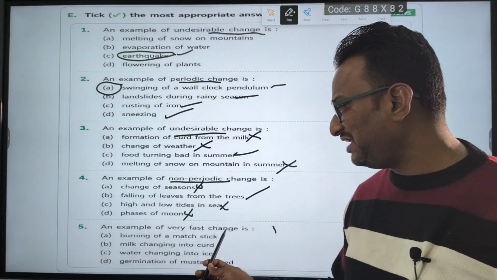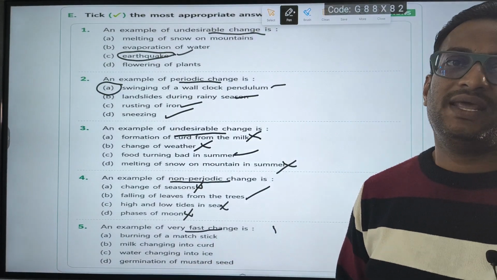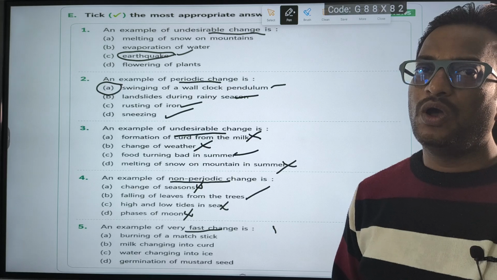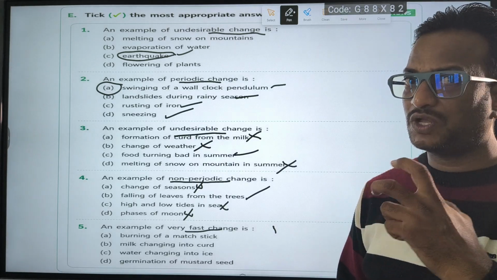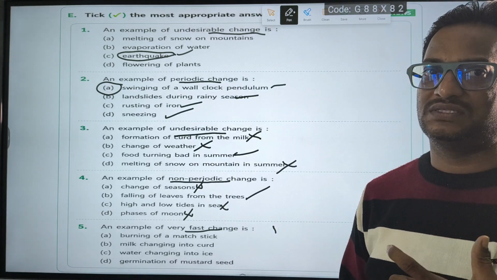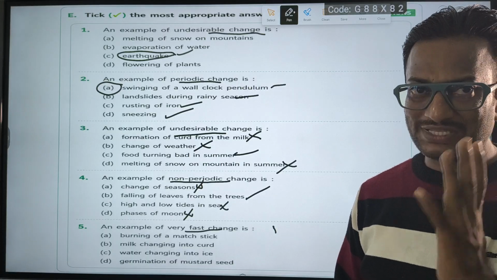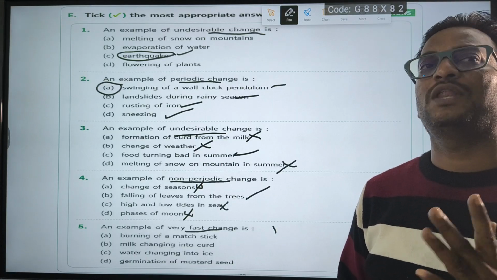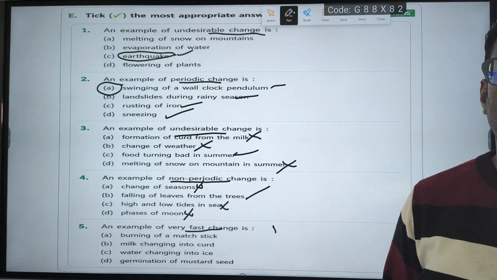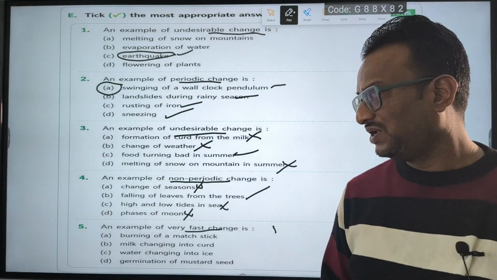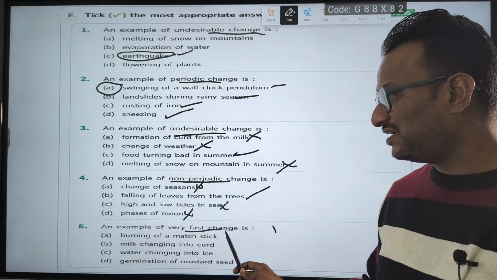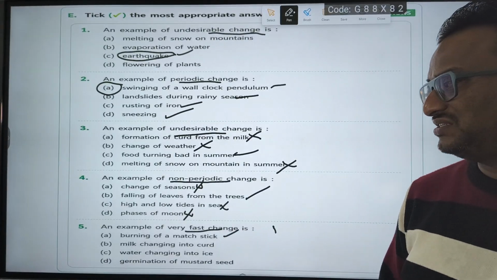An example of a very fast change. Here you have to carefully observe the question, don't run behind the answer. You should read once or twice, understand the question, and only then try to answer. There should not be any hurry. Burning of matchstick, yes, it is a fast change.